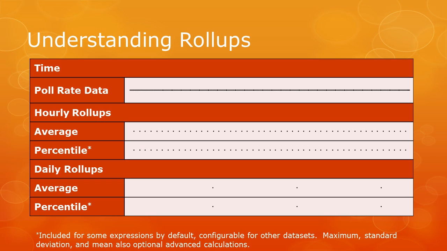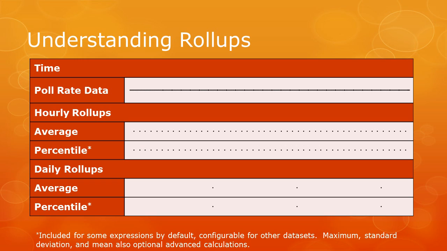Now, once 24 hours has passed, we will have 288 poll rate data points and 24 hourly data points, or 48 if we configured the additional rollup calculation. At the 24-hour mark, NetVoyant will calculate the average of those 24 hourly points to result in one daily data point. Now, if we've configured an additional rollup calculation, it will also calculate that rollup.